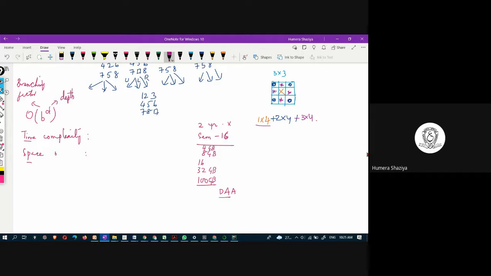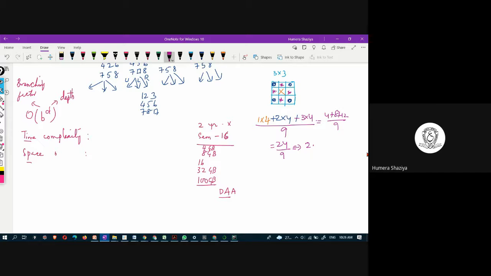And totally how many tiles are there? 9. So this is equal to (4 plus 8 plus 12) by 9, which is equal to 24 by 9, which gives us 2 point some value.